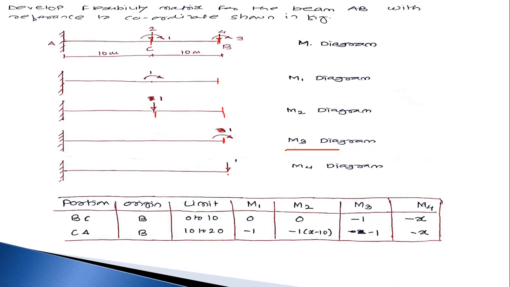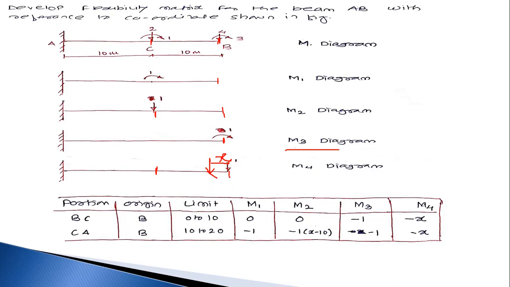Now coordinate number 4, the point load at the free end, point B. Now I take moment. This is variable, with limits from B to C. If the load is at point B, there is no moment. If the load moves towards C at a distance of X, the moment is 1 into X, and the direction of the moment is anti-clockwise.